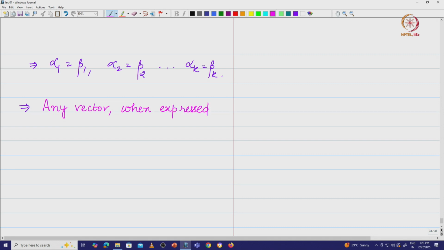Now, that implies alpha 1 is equal to beta 1, alpha 2 is equal to beta 2, etcetera, alpha k is equal to beta k, which means any vector, when expressed as a linear combination of a linearly independent set of vectors, has a unique set of scalars.